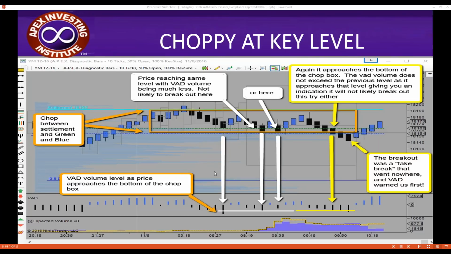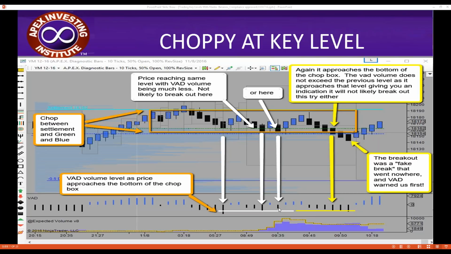Well, let's take a look at something here. Inside this chop box, what was the volume accumulation doing? Well, in this push down, the volume accumulation came all the way to right here, right? See that? In this push down, it was even a little less.